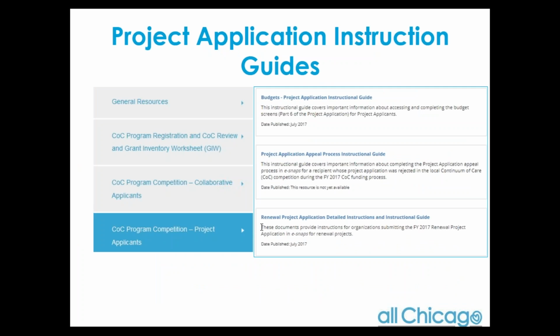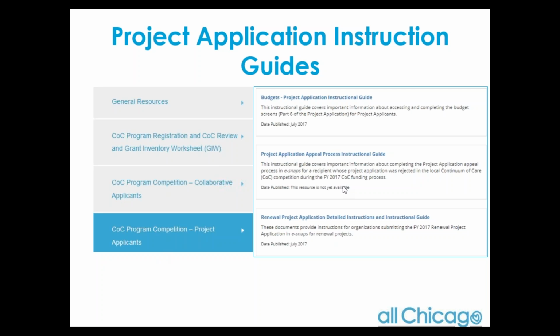Okay, so this is just a screen to show you that when you're on the HUD Exchange, you have to click around a few different times to get some of those instructional guides that we were talking about. So there's the CoC program competition at the bottom there highlighted more in blue for the project applicants.